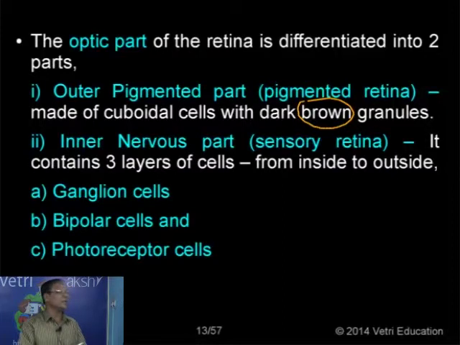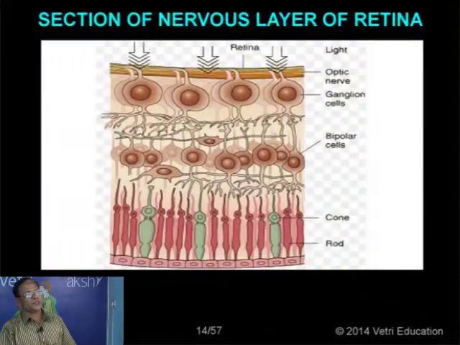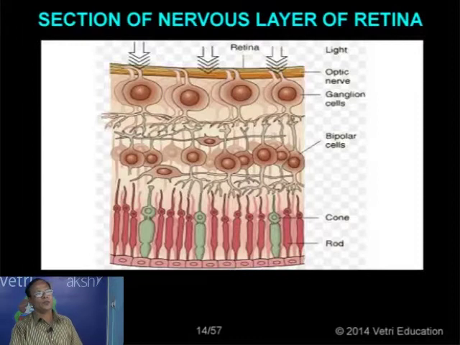Once again, it contains three layers from inside to outside. I will show that. If you make a section of the optic part, I am showing you only the section of the nervous layer of the retina.